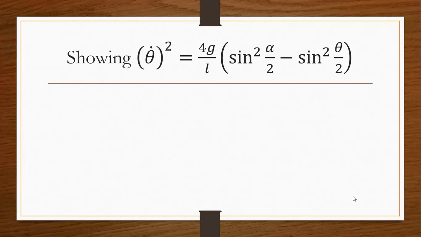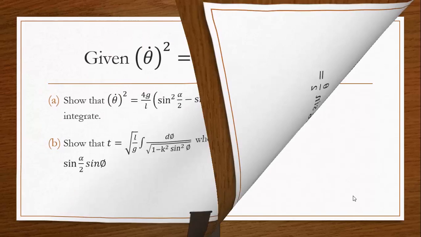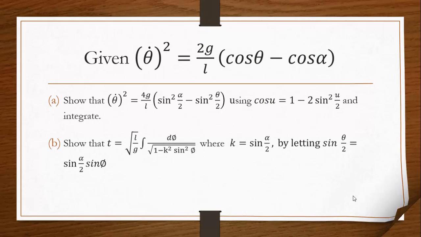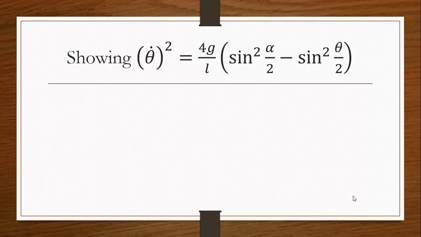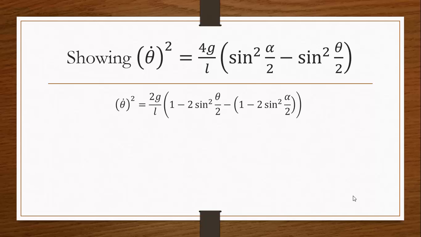So, to show that theta dot squared is equal to 4g over L times sine squared alpha over 2 minus sine squared theta over 2, we will first begin with the original equation and then substitute the identity. So theta dot squared becomes 2g over L times the quantity 1 minus 2 sine squared theta over 2 minus the quantity 1 minus 2 sine squared alpha over 2.